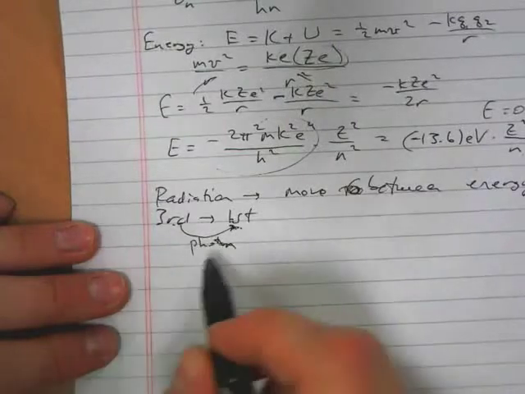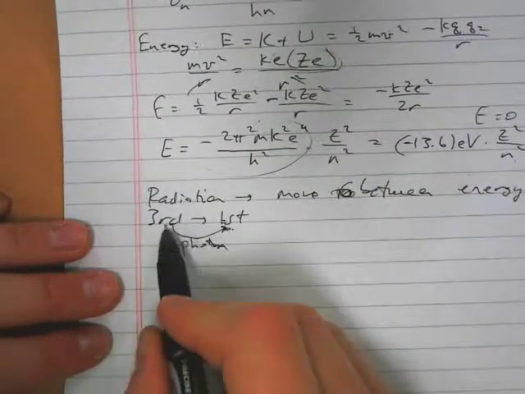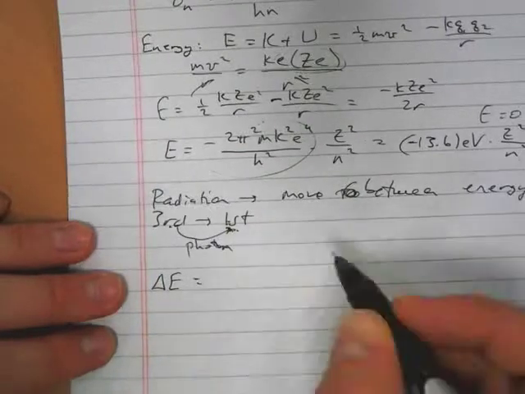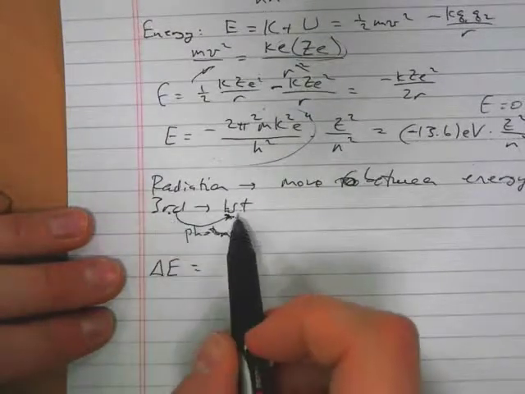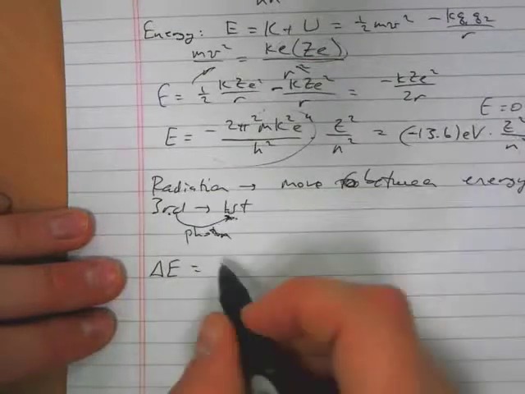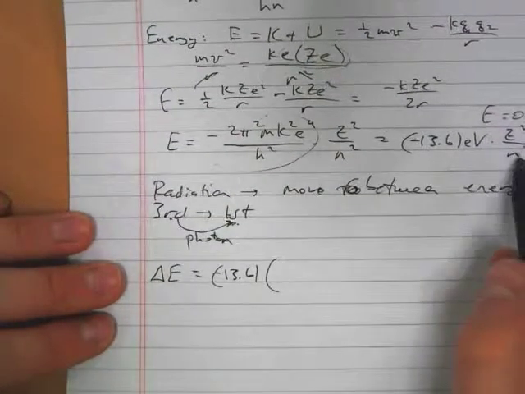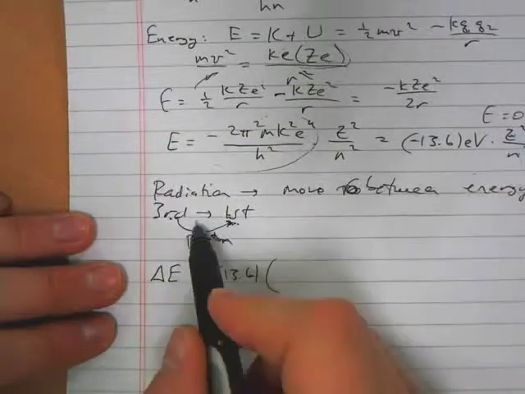So what happens is that our energy, the change in energy of our electron, we start off in the third, go to the first, so we've got a minus 13.6, but we're starting, let's say we're in a hydrogen atom.